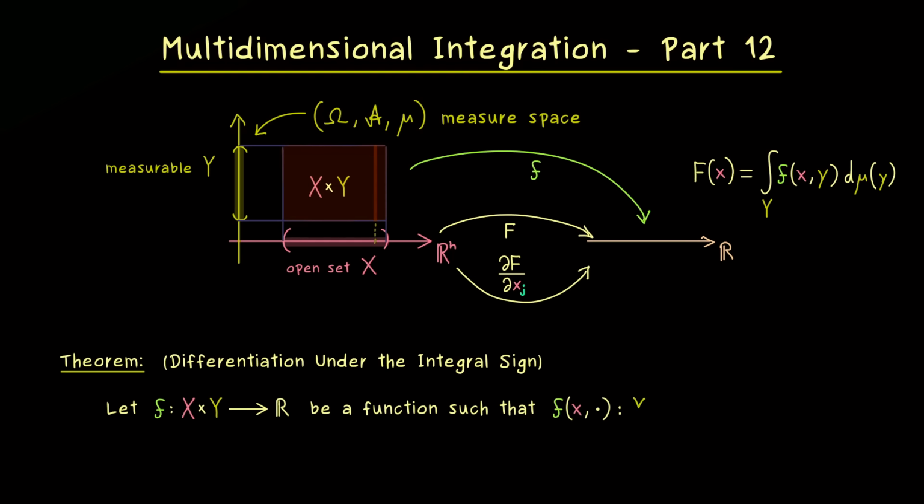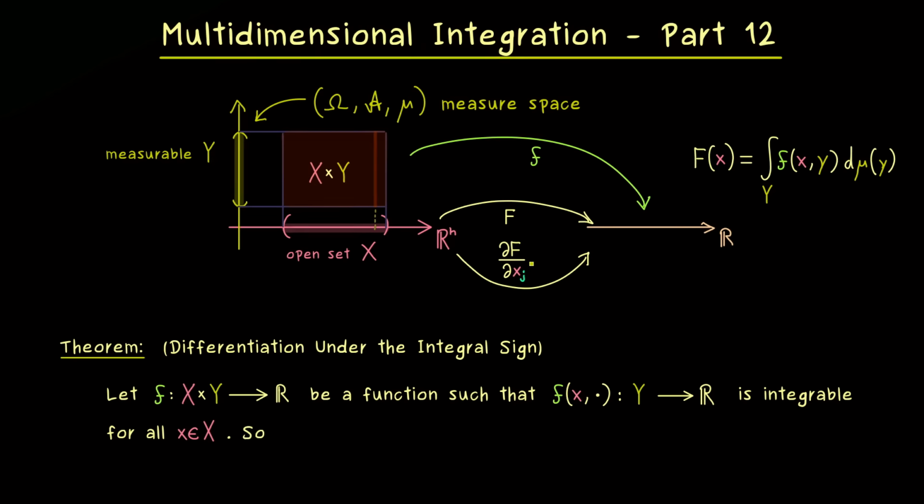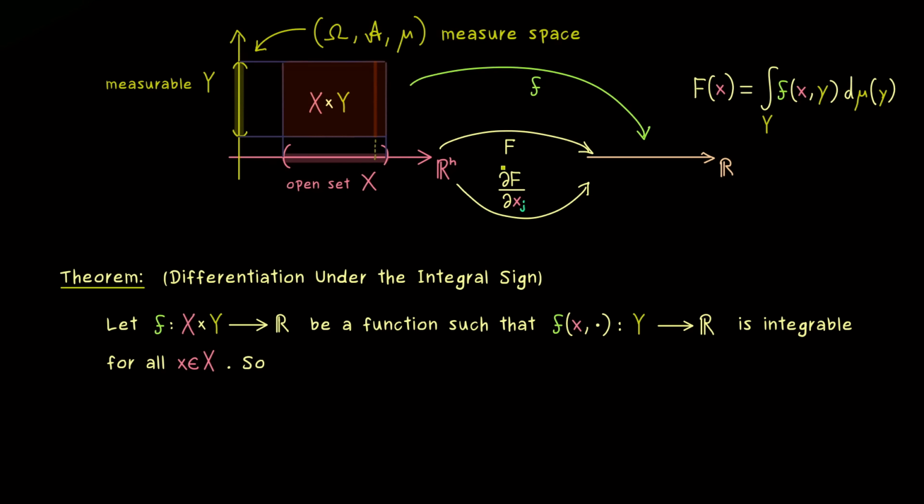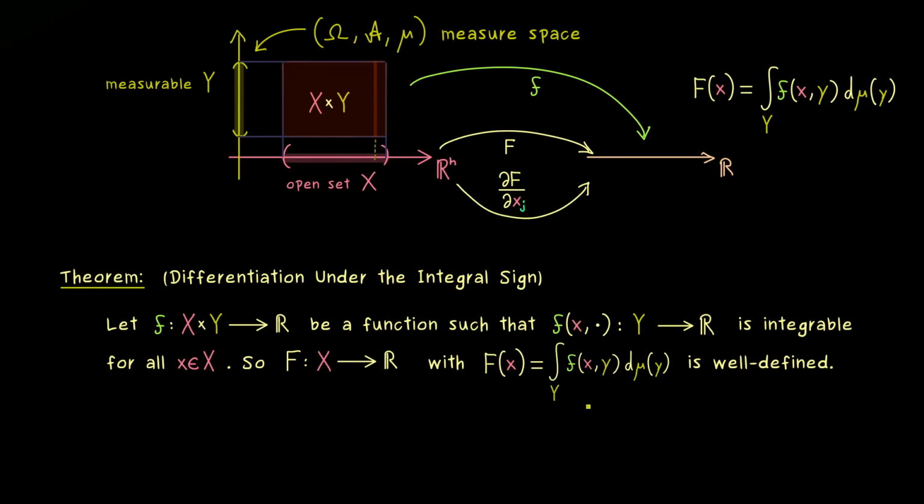This means if we look at a function that is only defined on the set y, then this should be an integrable function. So it's integrable with respect to our measure mu, and it does not matter which x in our set x we fix. So this implies that our function capital F is well defined on x.